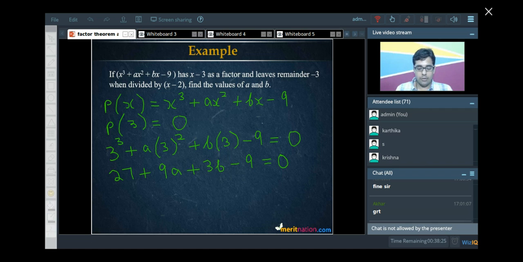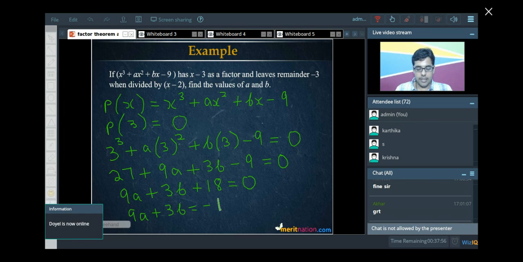Solving this, it would become 9a plus 3b, and then 27 minus 9, that would become 18, plus 18 equals 0. From here we will get 9a plus 3b equals minus 18.